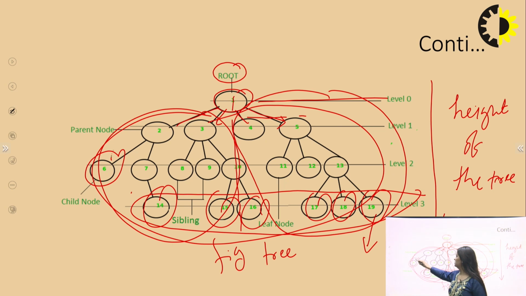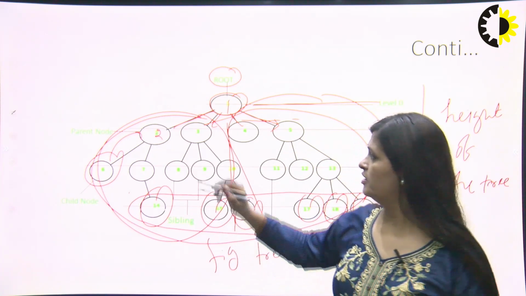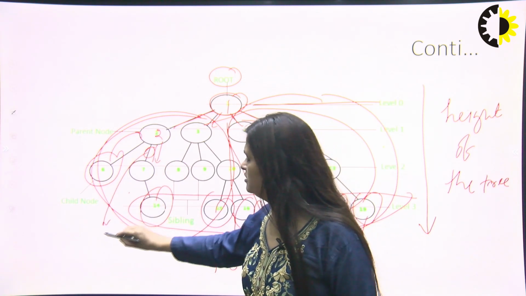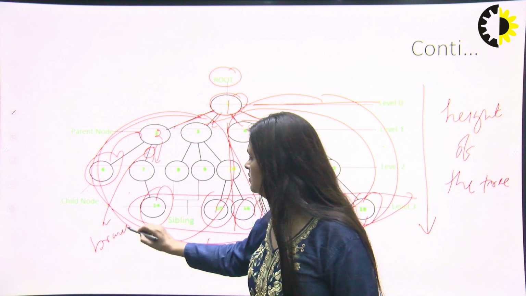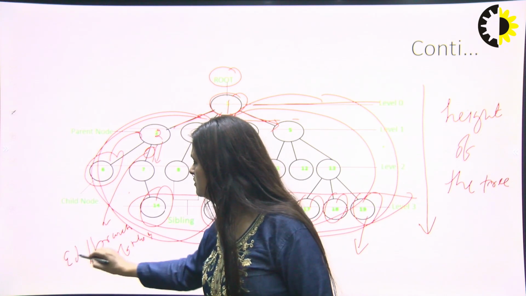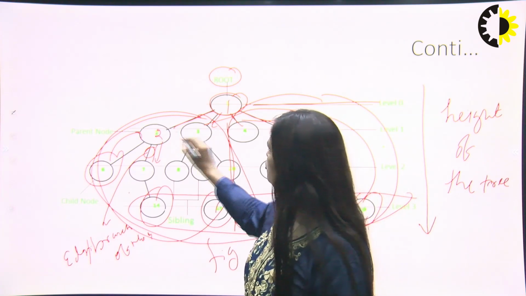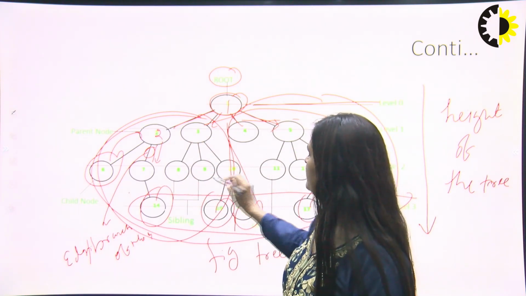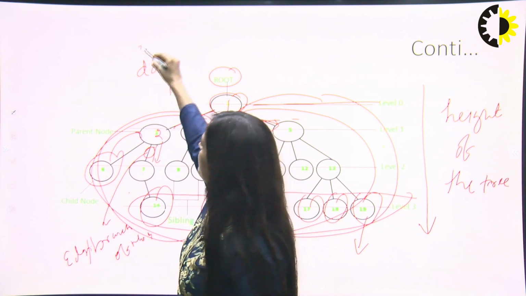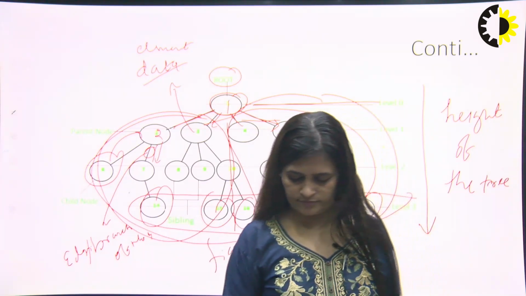Previous nodes means the previous node of 6 is 2. The lines we call branches of nodes or edges. 2, 3, 4, 5, 6, 7, 8, 9, 10: these are the data and elements you have stored using a tree.